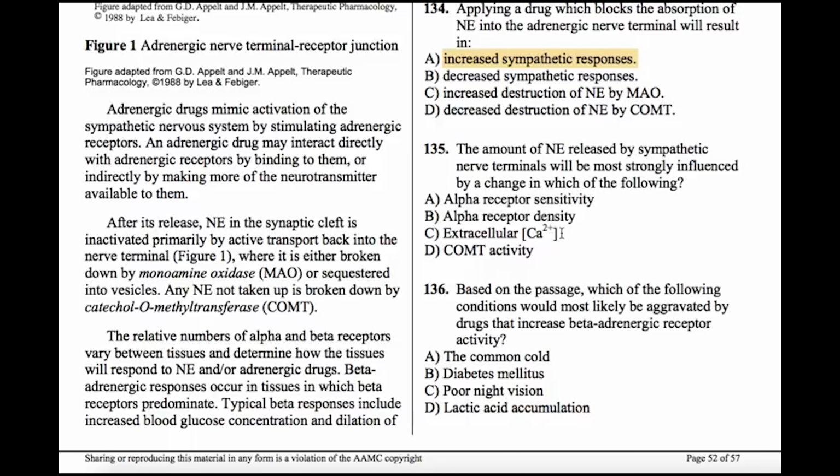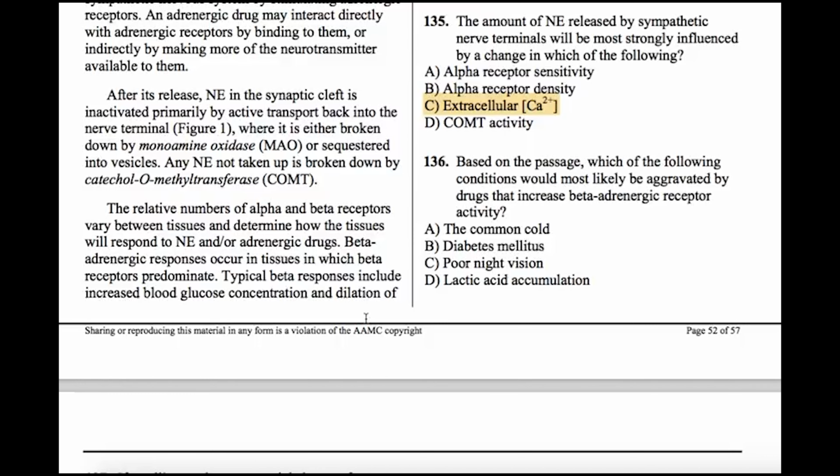All right. Based on the passage, which of the following conditions would most likely be aggravated by drugs that increase beta adrenergic receptor activity? Okay. So we're going to have to go back to what the passage was talking about, because it says based on the passage, and see what exactly is affected by the beta receptors, right?